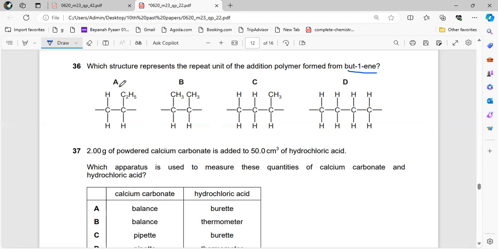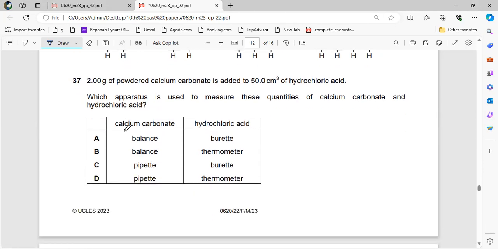So it is option A which is the correct one, where the double bond is present between these two. There are a total of four carbons present here, and this is the first and second carbon between which we have a double bond. So this will be the correct option.